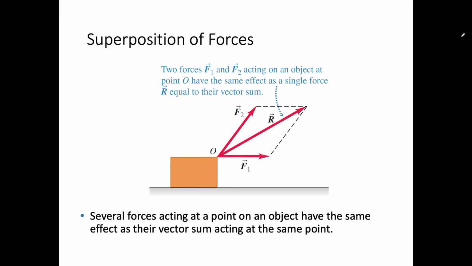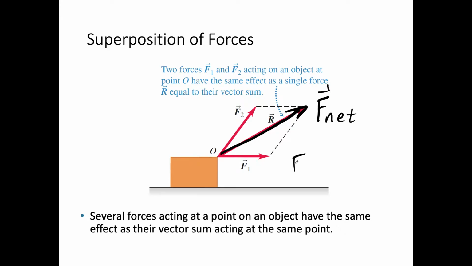Now we have one object. If we have force F1 and force F2 acting on it, we add them up and find the vector sum, and we see this is F net.